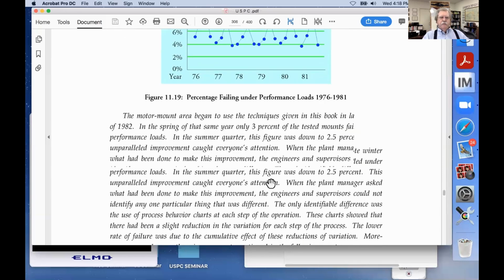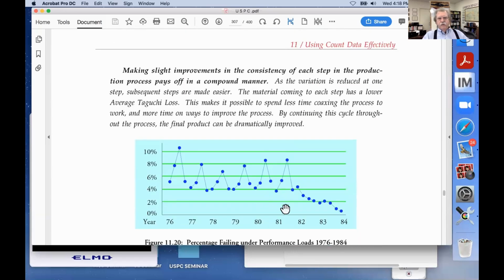Then, the spring of '82, I'm sorry, 3%. They hadn't been down to 3% ever. Summer came, they were down 2.5% or so. It kept going down.